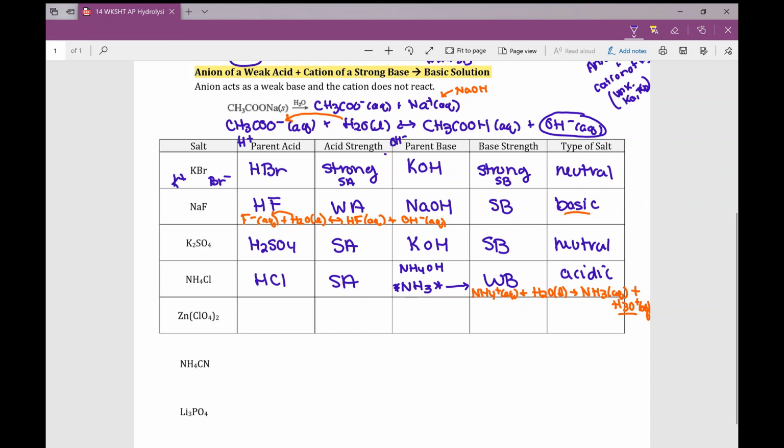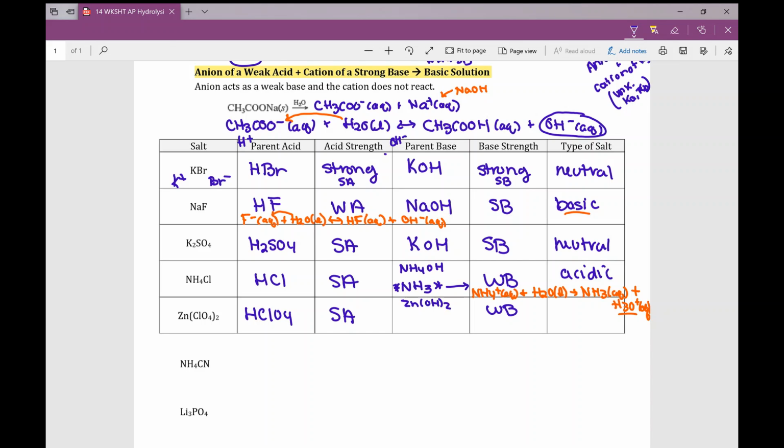All right, and then the last one on here, we have HClO4 as our parent acid, which is one of our strong acids, and then zinc. A lot of students will write zinc hydroxide, which is not group 1 or group 2, so we know that would be our weak base.